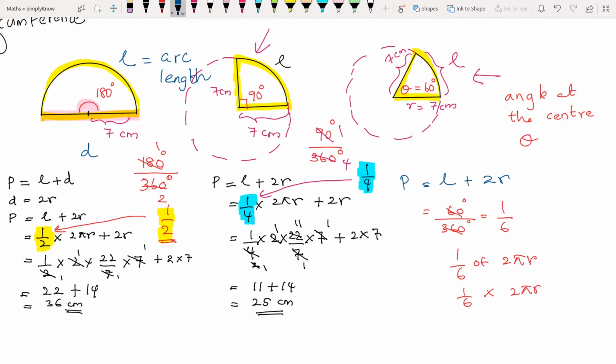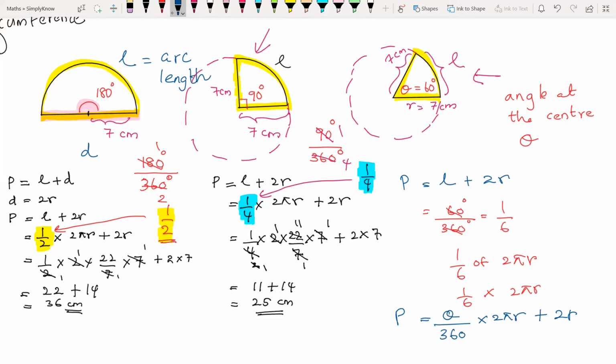So here we can easily build up a formula for any value of theta. So let's say theta divided by 360 degrees times 2 pi r plus 2r to find out the perimeter of any sector.